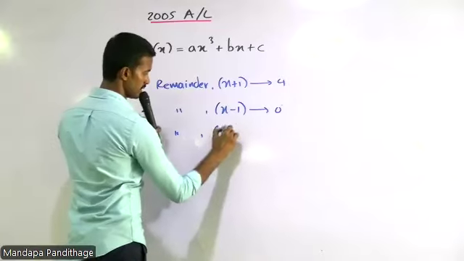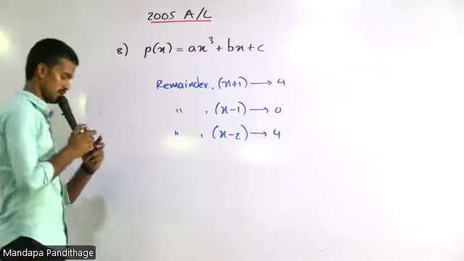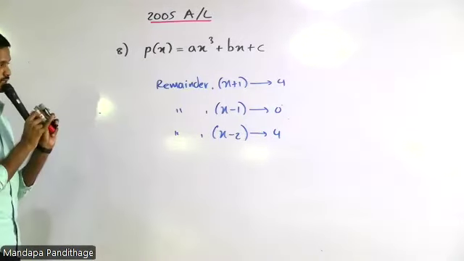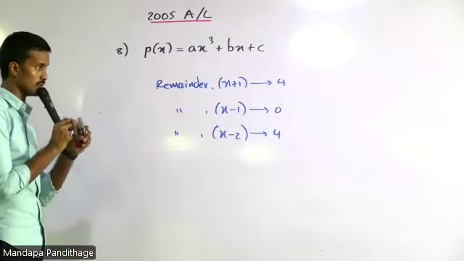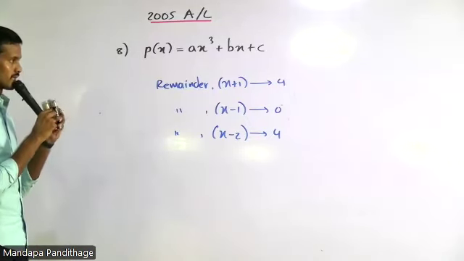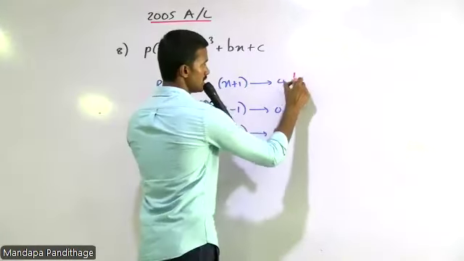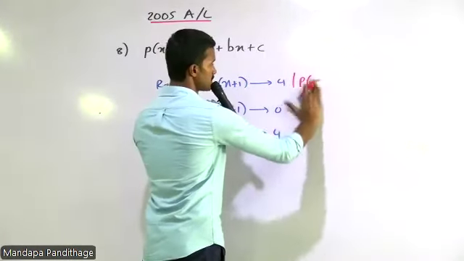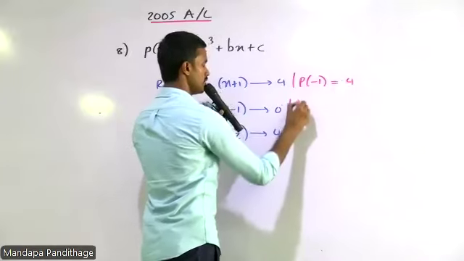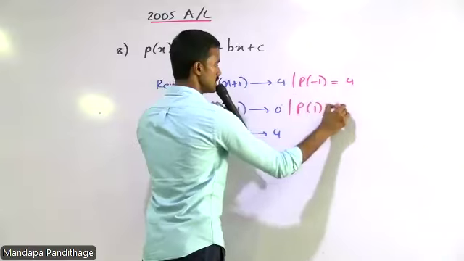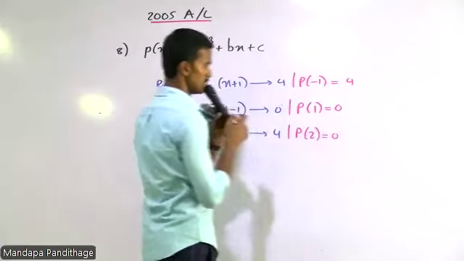The remainder when divided by x minus 2 is 4. So if the remainder is 4 when divided by x plus 1, that means P(-1) is equal to 4. And I can write P(1) is equal to 0 and P(2) is equal to 4.